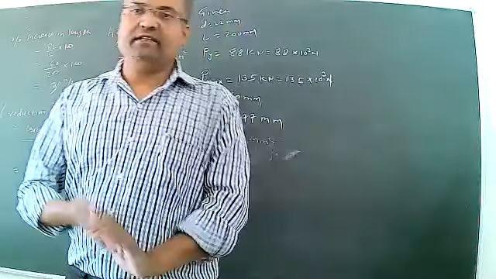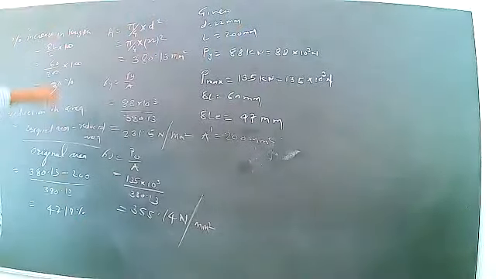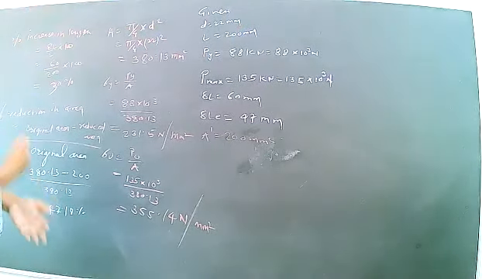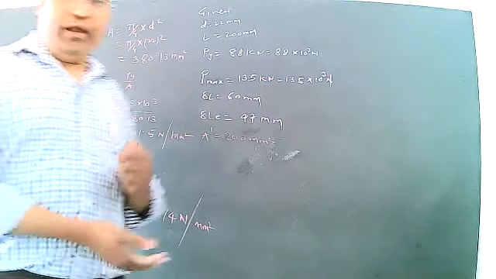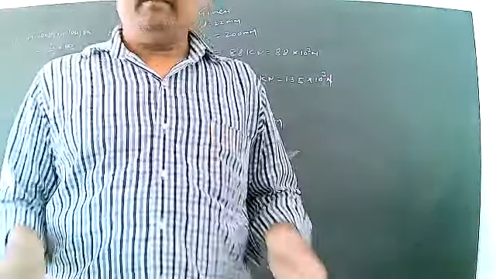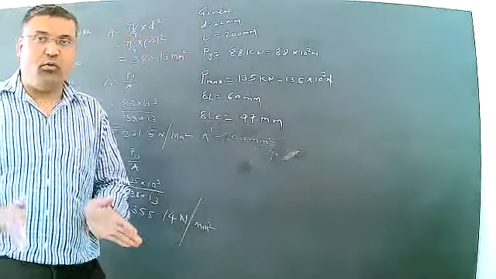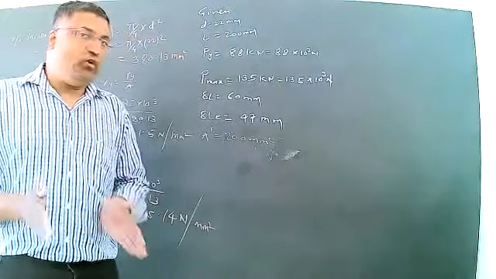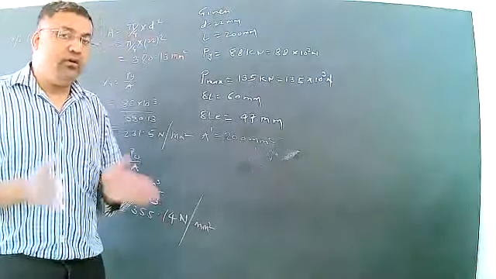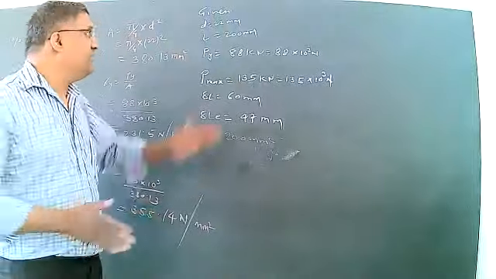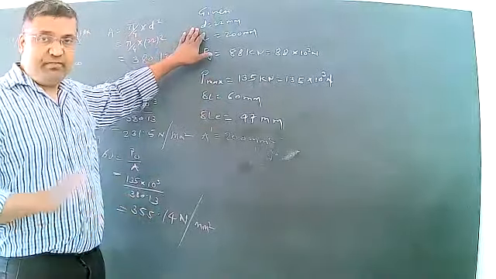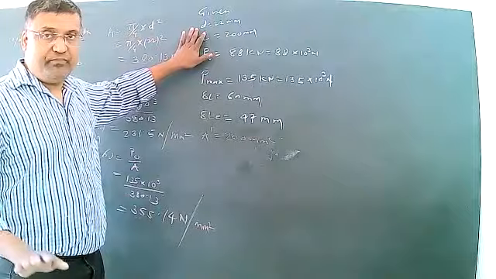Then here, this is a very simple way. Whatever information is provided in the problem, in this problem the given data is that the diameter of specimen is 22 mm.